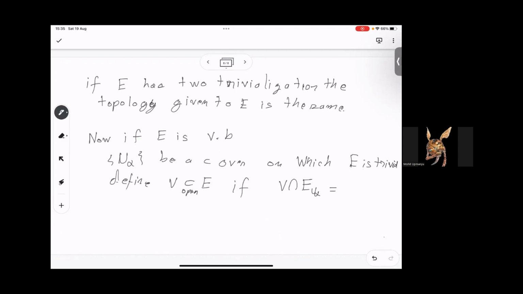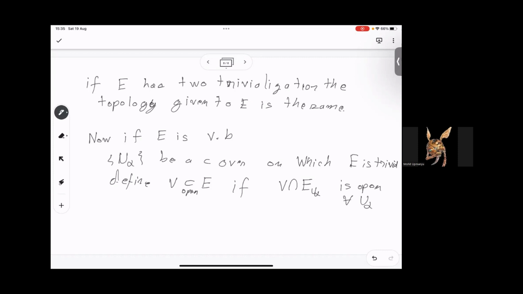So we have a pullback here. So when V is intersected with the pullback is open for all U alpha, right?